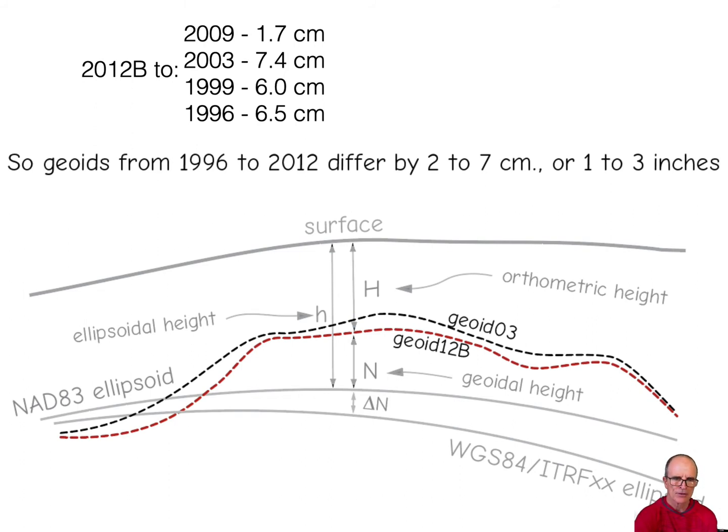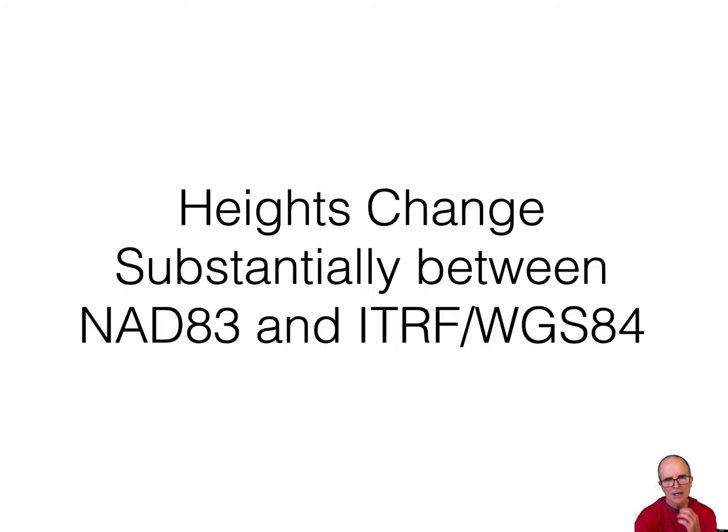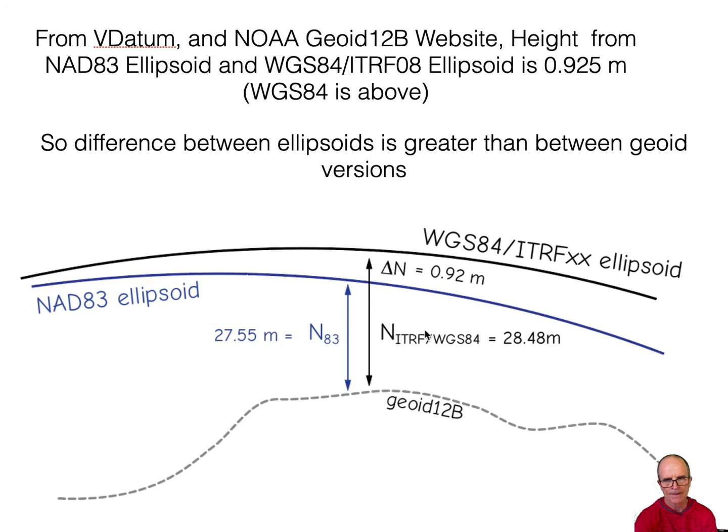There's a VERTCON for a vertical conversion, right? Height changed substantially between NAD83 and ITRF. I want to reiterate that. So you have to be really careful, right? Here, at this particular point, it's about 0.92 meters. It's probably a good average for much of the U.S. In some places, it's 1.5 meters.